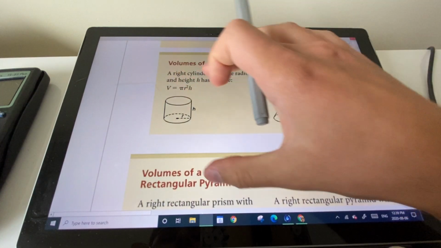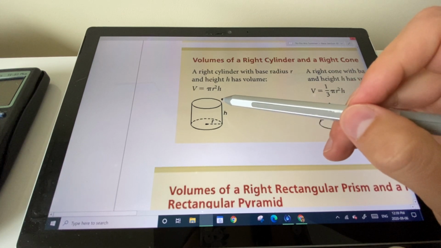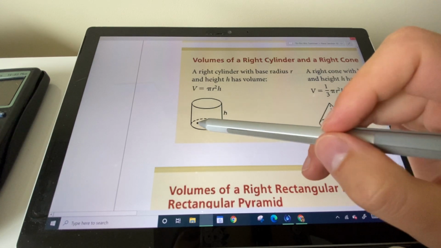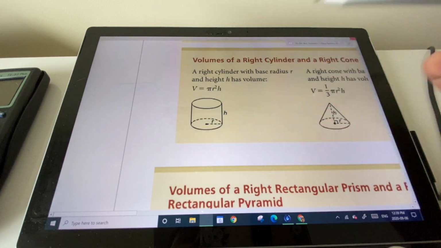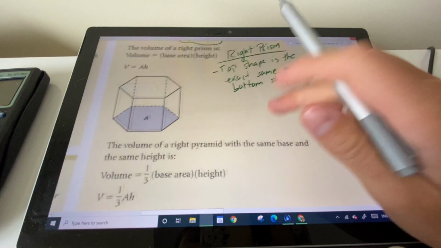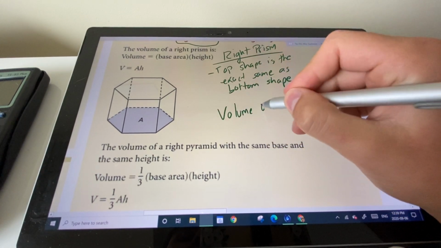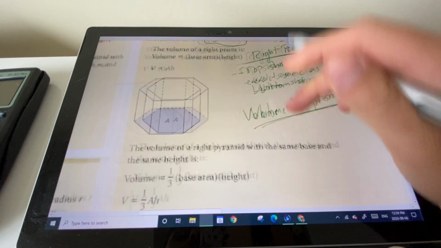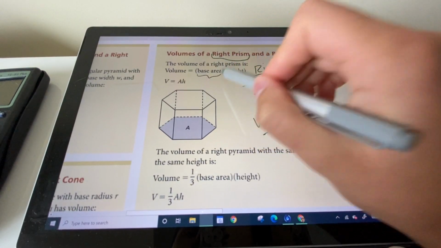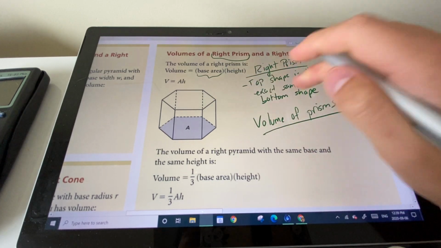If you look here, a cylinder, this is technically a right cylinder. This could also be argued as a right prism because your bottom shape is the same as your top shape. Now, the volume of prisms is really easy to calculate. The volume of a prism is the area of the base multiplied by how tall it is.